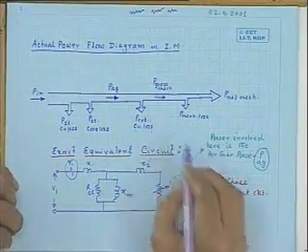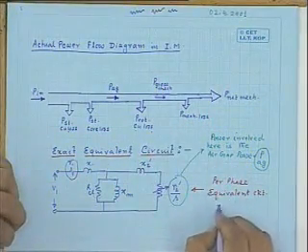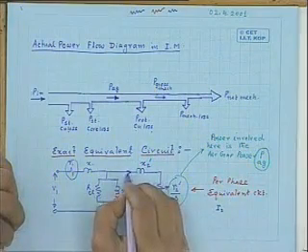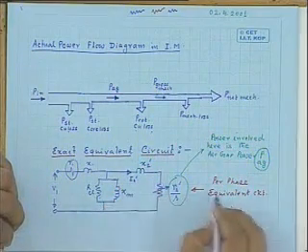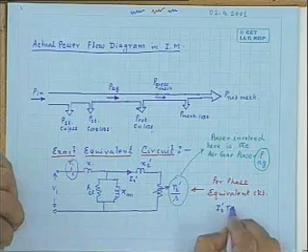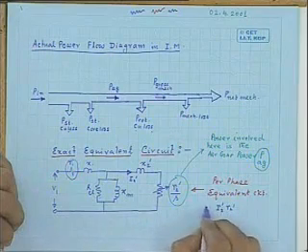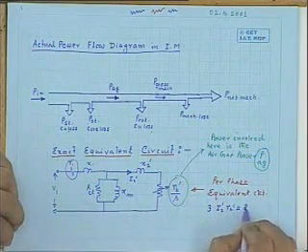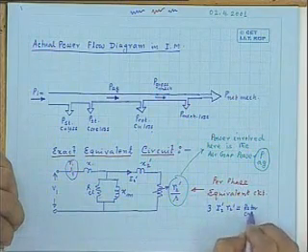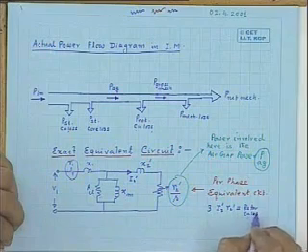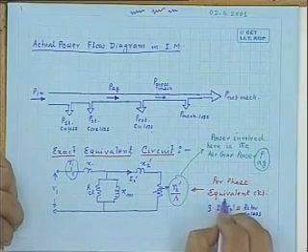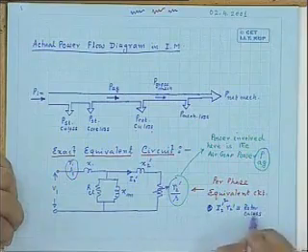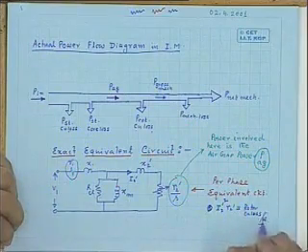Obviously, this rotor copper loss will be I2 dashed squared R2 dashed, into 3 times, if I call this current I2 dashed. This is the total rotor copper loss, or per phase, you write per phase.